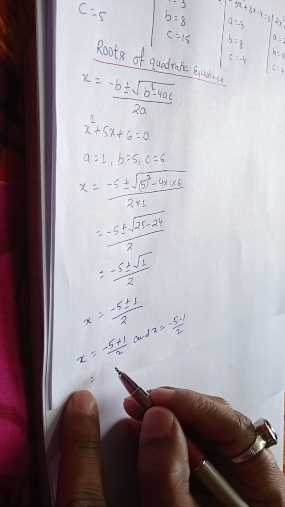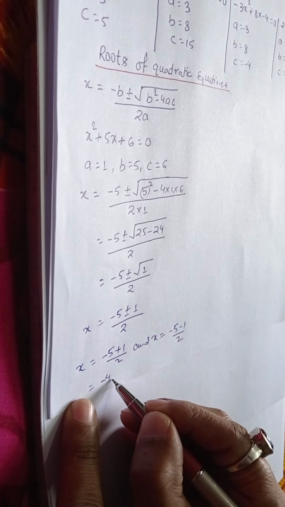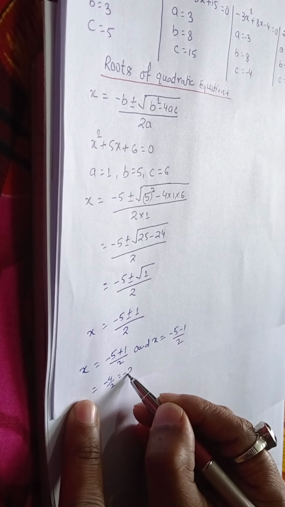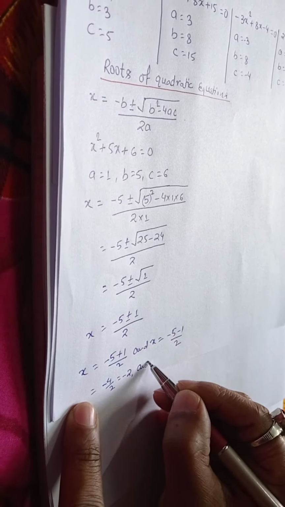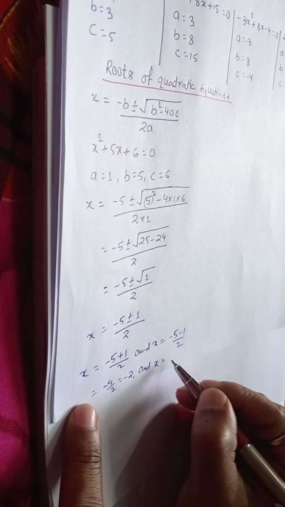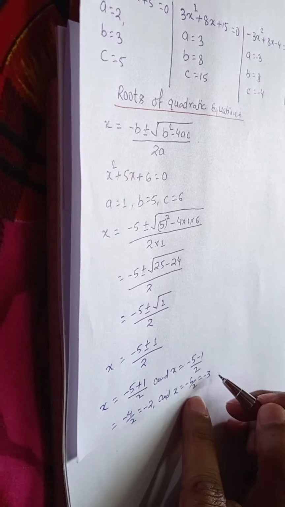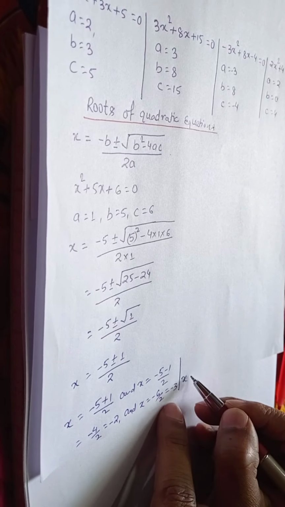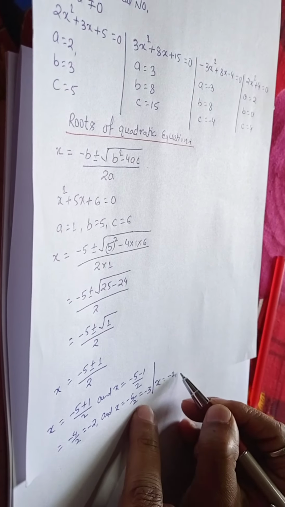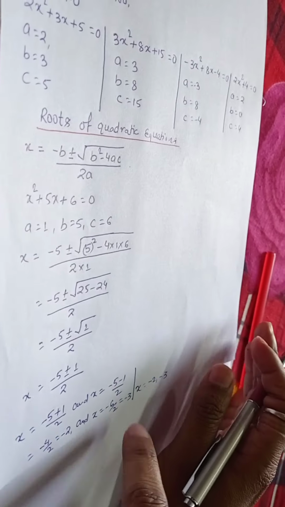Here minus 5 plus 1, it means minus 4 by 2 equal to minus 2, and the second answer will be minus 6 by 2 equal to minus 3. It means we have the two solutions, x equal to minus 2 and minus 3.